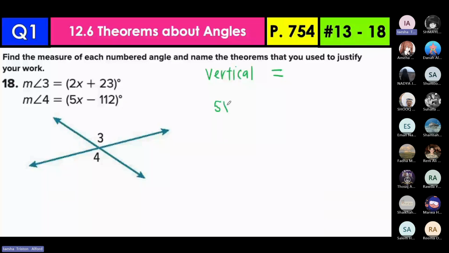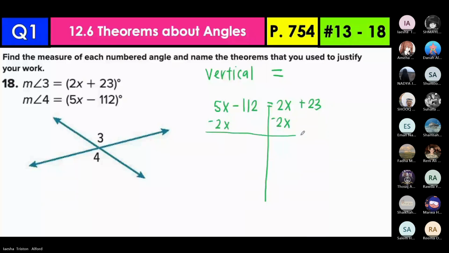So 5x subtract 112 is equal to 2x plus 23. Subtract 2x from both sides. This 3x subtract 112 equals 23. Add 112 to both sides.